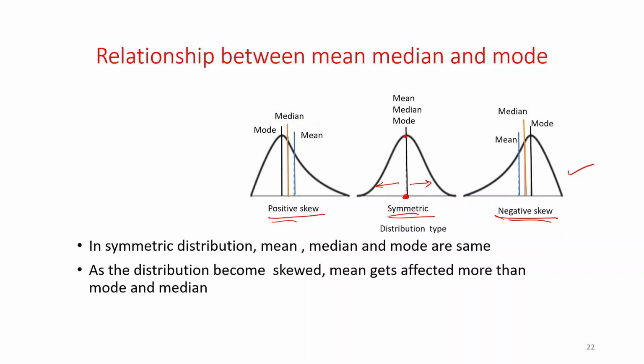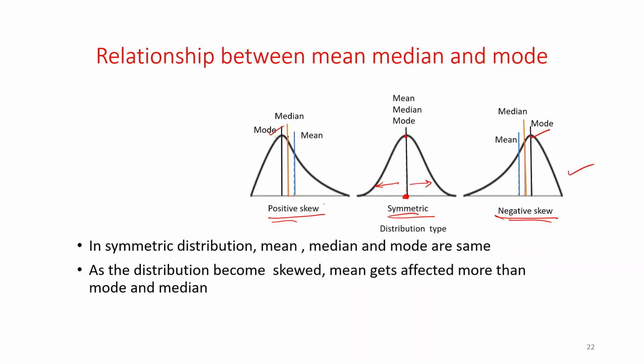But if the distribution is positively skewed, with a long tail going on the right hand side, or negatively skewed, where the long tail goes towards the left hand side, then we see the location of mode, median, and mean. Locating the mode is easy: wherever the frequency is maximum, where the peak lies, that is the mode. So mode is here in this case, and here in this case also.